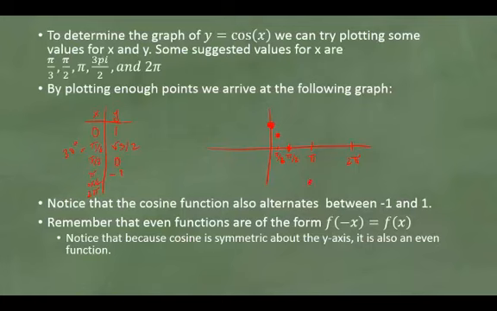Cosine of 3 pi over 2, that's right there, was 0 again. Cosine of 2 pi was positive 1. So the graph, once we smooth it out a little bit, looks like that. And it repeats after 2 pi in either direction.